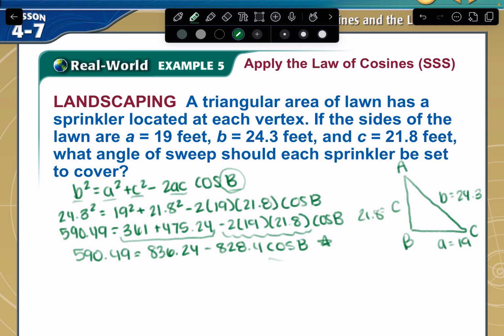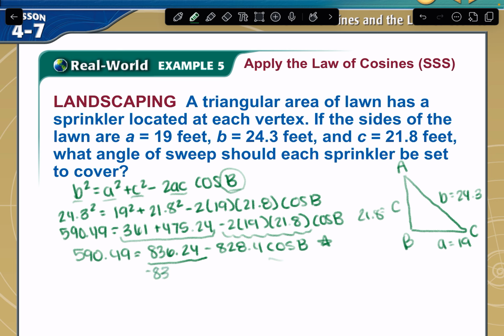So my next step would actually be taking the 836.24 and subtracting it from the other side. Then I'm going to subtract that and get negative 245.75 is equal to specifically negative 828.4 times cosine B.